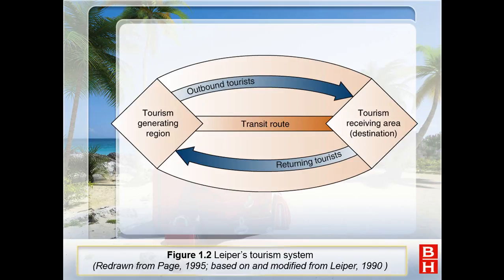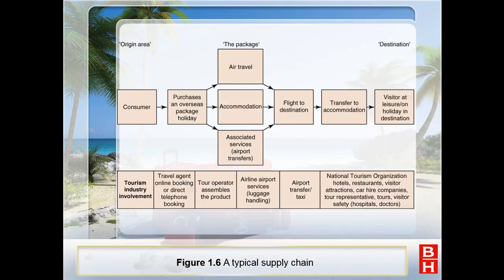So there are a lot of different industries, accommodation as well, that are included in tourism as a system. So it's not just a simple going from point A to point B, but during that transition, there are a variety of activities involved.